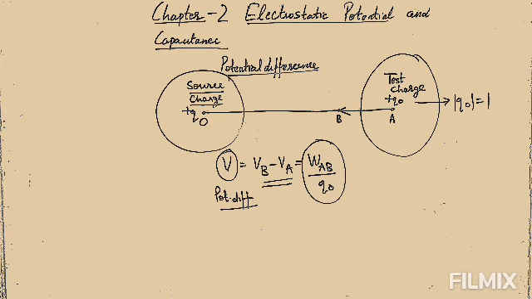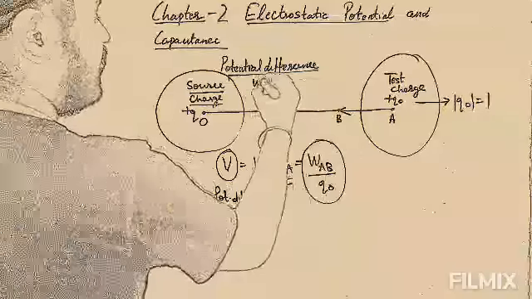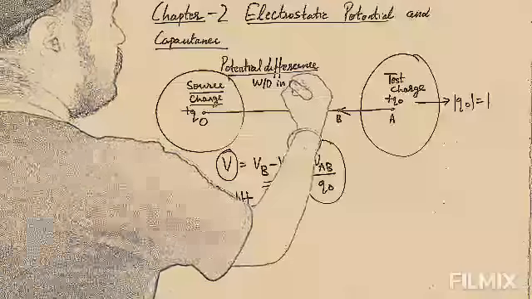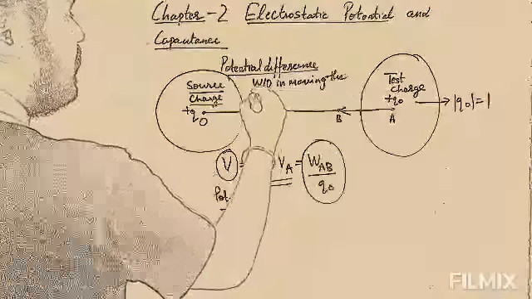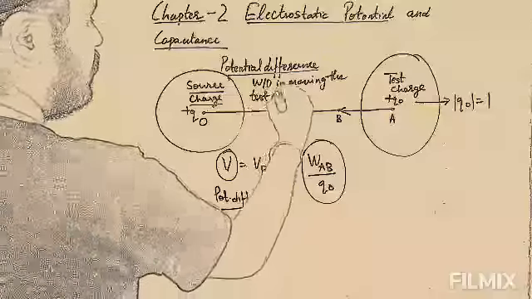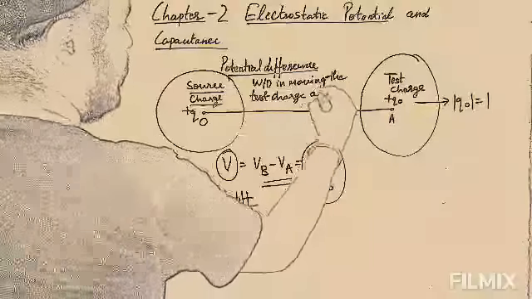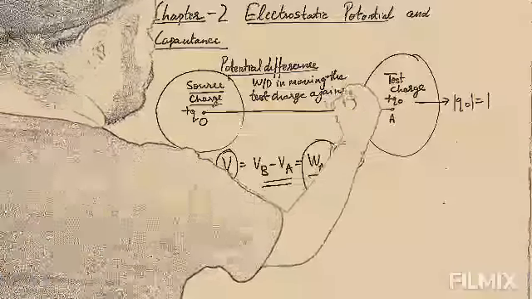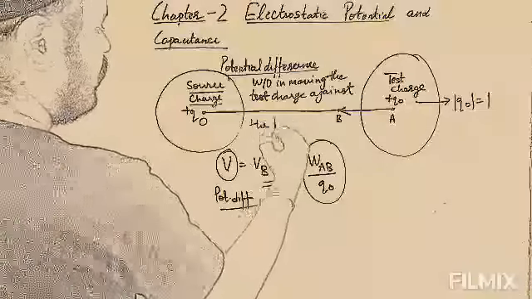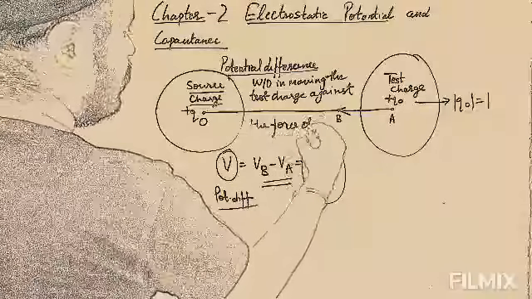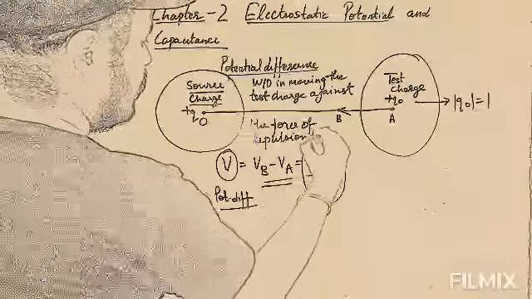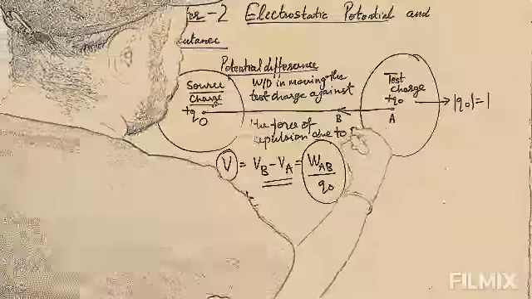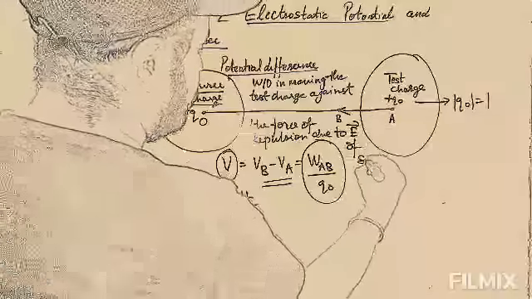So if we define here the potential difference, it is defined as work done in moving the test charge against the force of repulsion due to electric field of source charge.